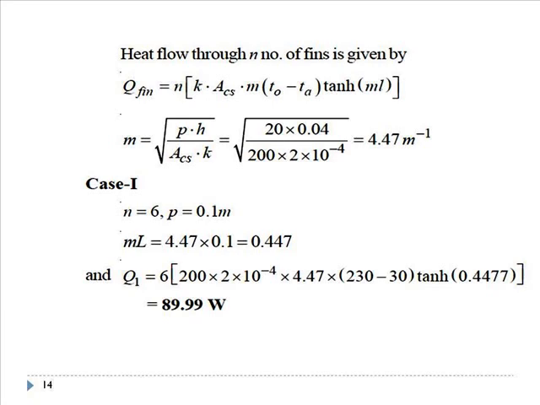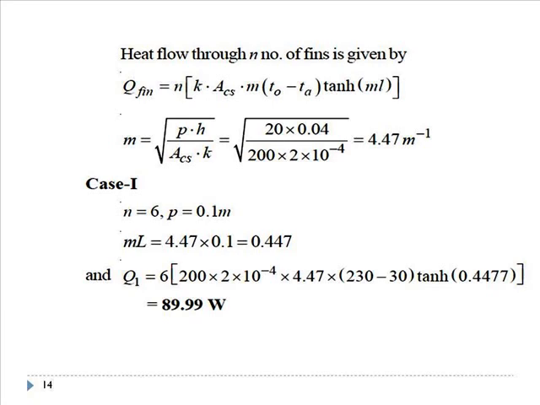The fin constant m is the square root of pP divided by AK, and that value is 4.47 meter inverse, where we have to convert all the centimeters and millimeters into meter to find the required answer. So the m value is available, that is 4.47 meter inverse.